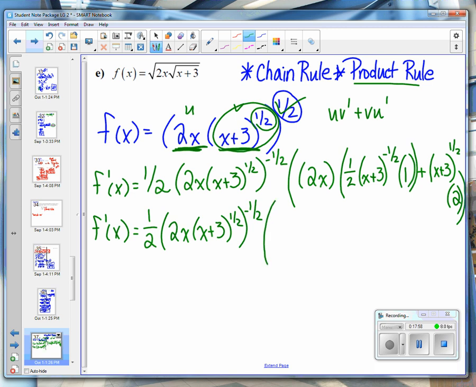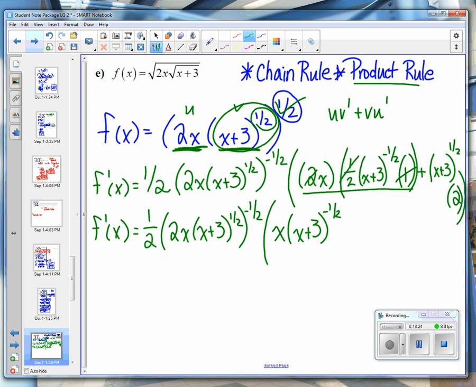So I'm going to say times, and notice how I've got a times by 1, that's gone. I'm just going to deal with this first little term. So times by 1 is gone. Look, I've got 2 times a half. Well, that's just 1, so that's good. So it's actually just x times x plus 3 to the power of negative a half. So that's looking a little bit nicer.